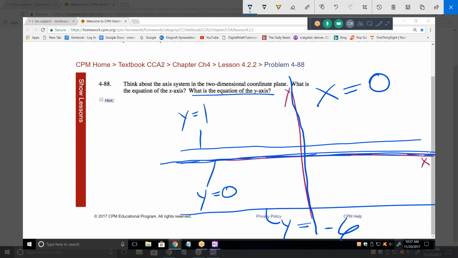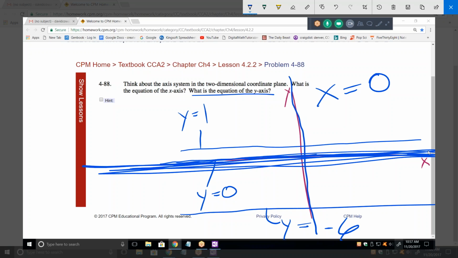Every single point from -infinity to infinity, x is equal to 0. Just like every point on this horizontal blue line, every single point, the y-coordinate is 0. I can go from -infinity to +infinity, and the y value is always 0. That's what that means. Just remember that the x-axis is y equals 0, and the y-axis is x equals 0.